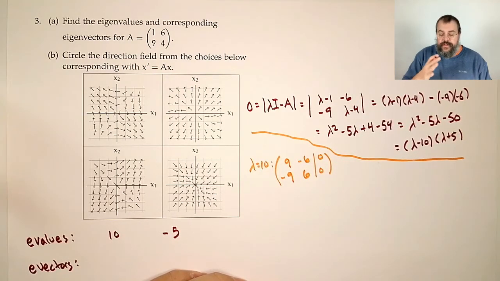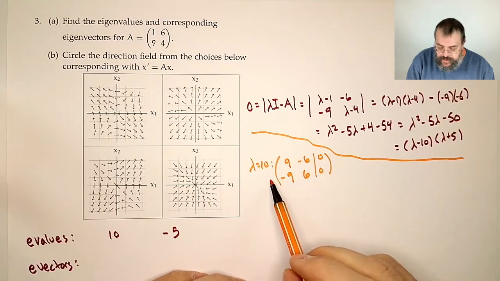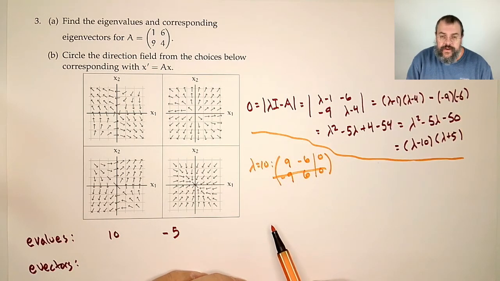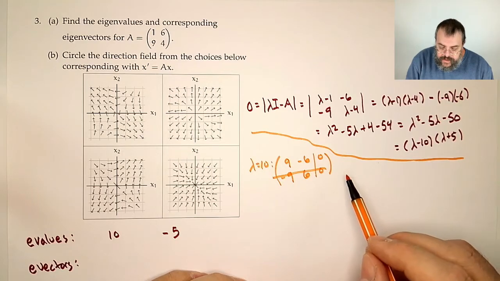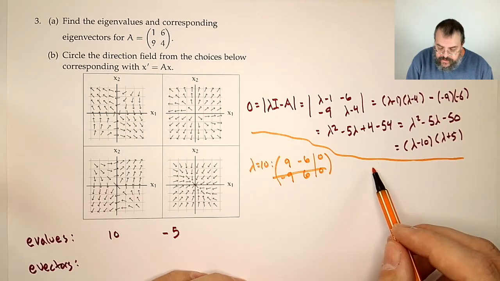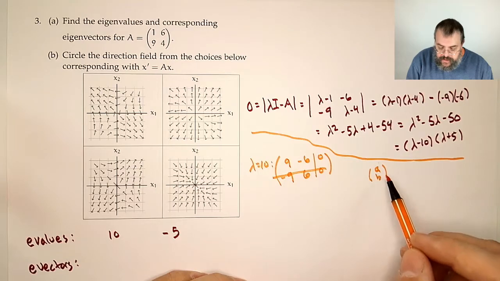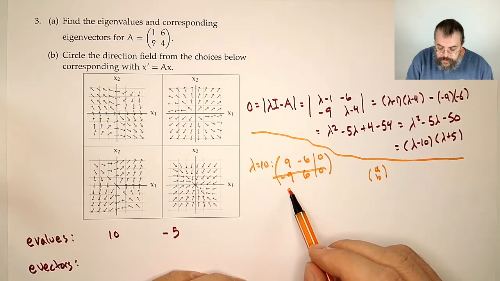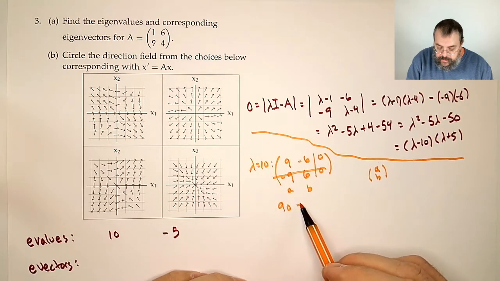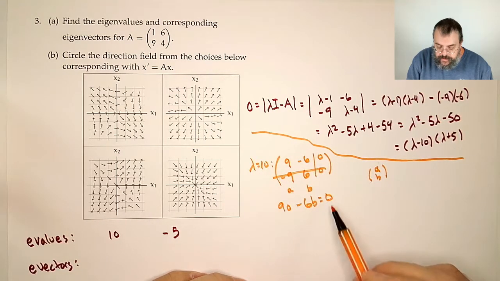This is the augmented matrix approach. There's other approaches here. But we see that row knocks out. So what we're really saying is if we have an eigenvector of the form (a, b), then we would have 9a minus 6b equals 0.